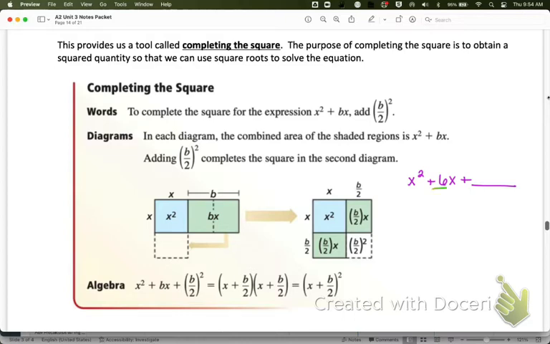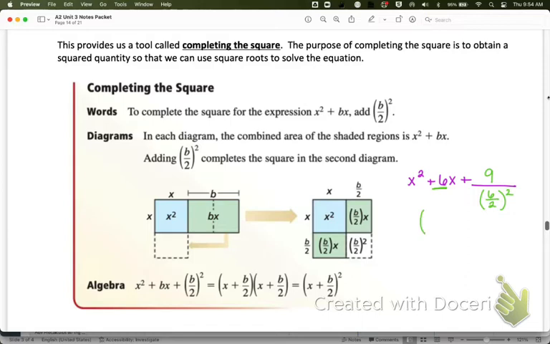Well, we see that this number is 6. The sign doesn't matter because this is always going to be positive since we're going to square it. So 6 is the number we're going to use. We're going to take 6 over 2 and then square it. 6 over 2 is 3, and 3 squared is 9.